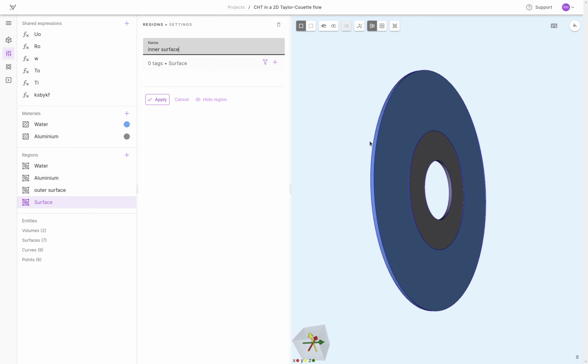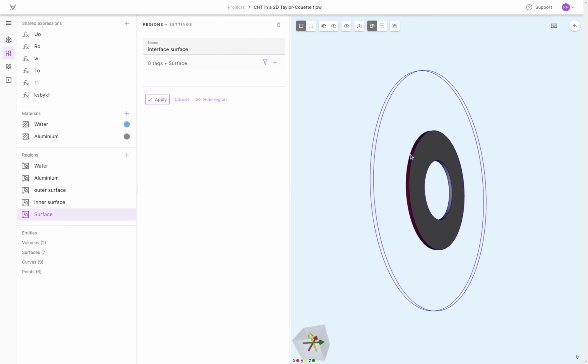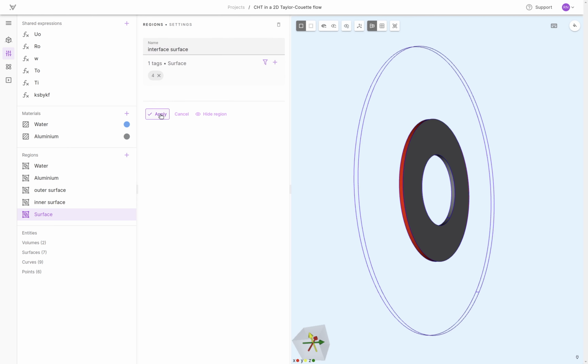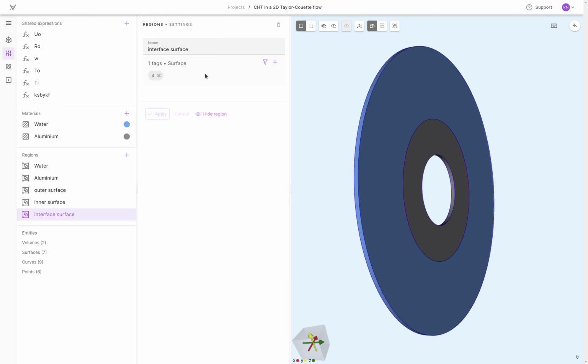Then we define an inner surface, followed by an interface surface where we apply no slip boundary condition. We also define some side walls for the fluid.